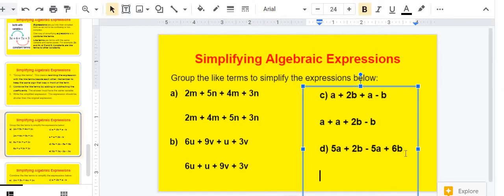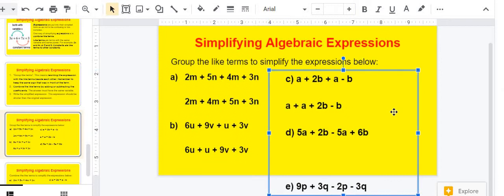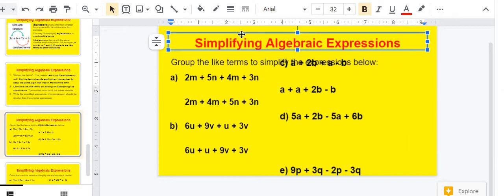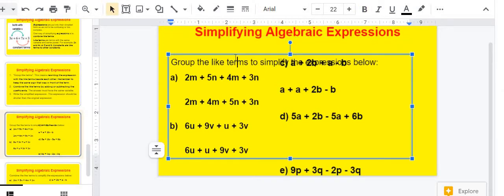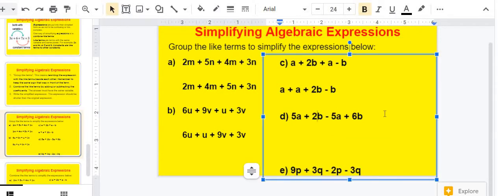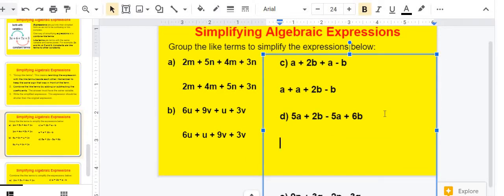For question D, all right, let me see if I can create a little more space. Okay, for question D, you'll see that 5a and 5a are like terms. Also, the coefficients don't matter in this case.